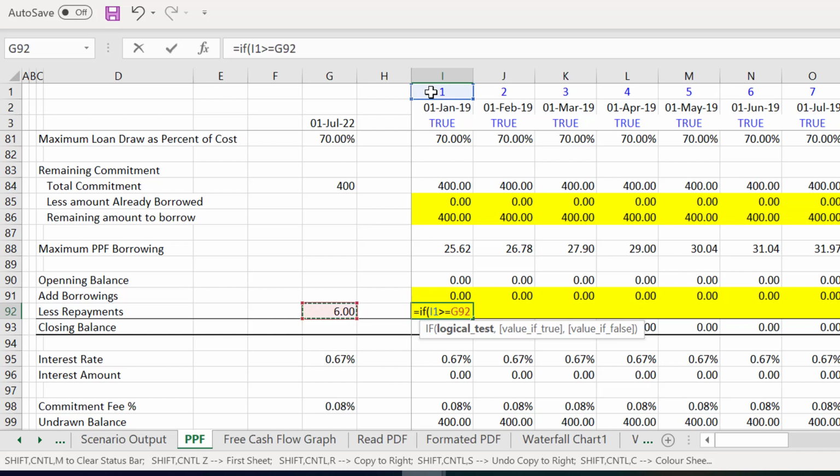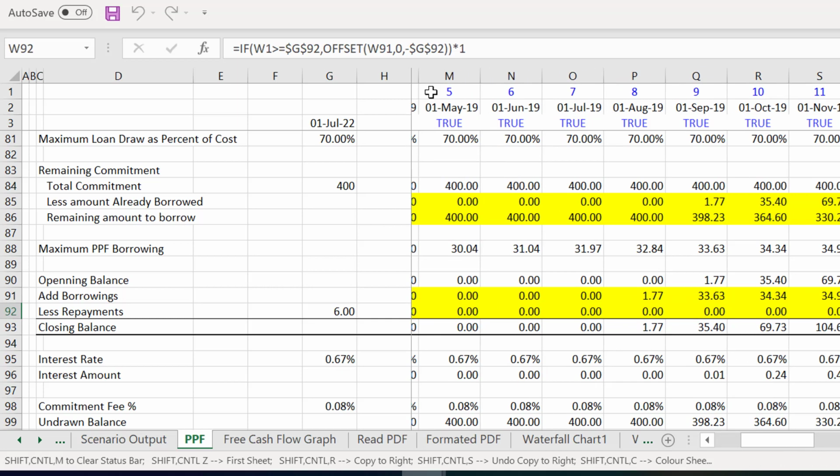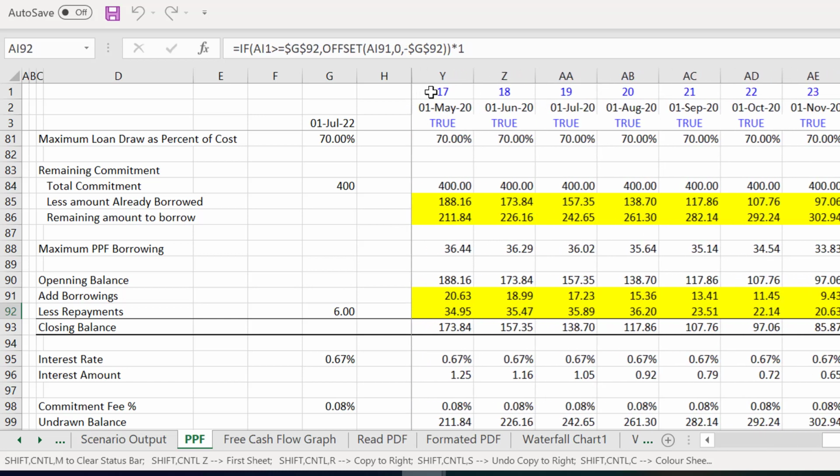If that number is greater than or equal to the 6, press the F4, of course, then put offset, and you go up to the borrowings, and you put comma 0, comma minus how long it takes to borrow. And maybe I'm going to multiply that by 1, too. Okay, so now the borrowings, they get repaid here. Okay, that's not so complicated, is it?